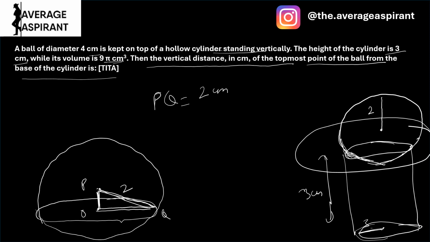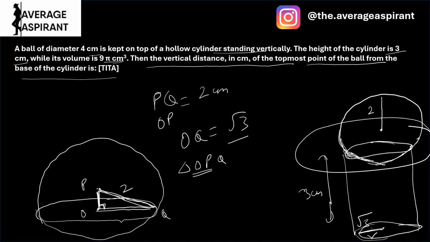OP we don't know. OP and OQ, sorry, OQ is root 3, because we had calculated the radius of cylinder to be root 3. Now this is a right angle triangle, triangle OPQ.